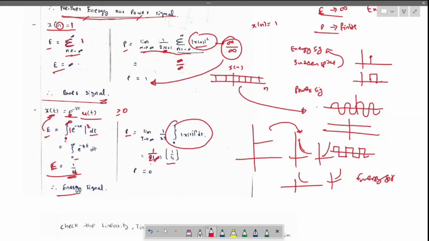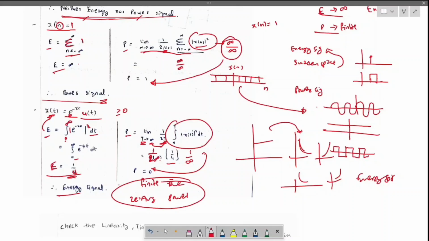Now power, so this thing we have done here, right? Directly apply 1 by 4 here. Now apply the limit of t as infinity, to this t, which is 2 into infinity, and we will get 1 by infinity. 1 by infinity tends to 0, which means finite energy and average power 0.